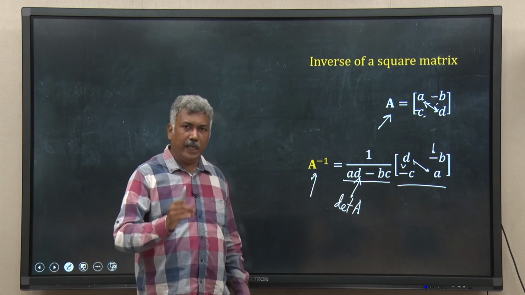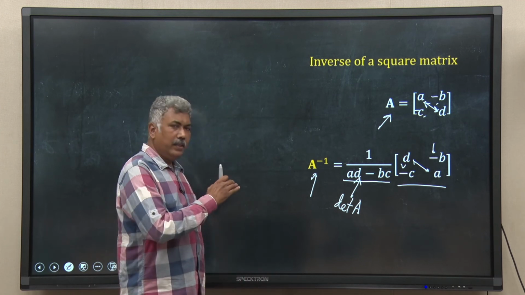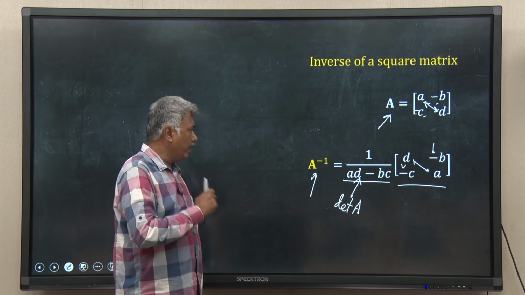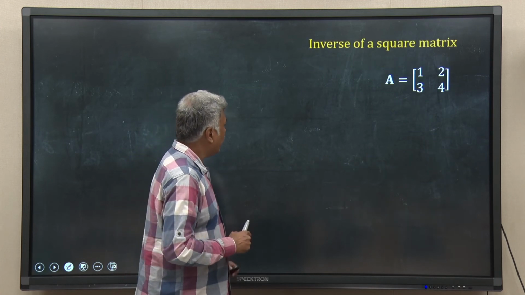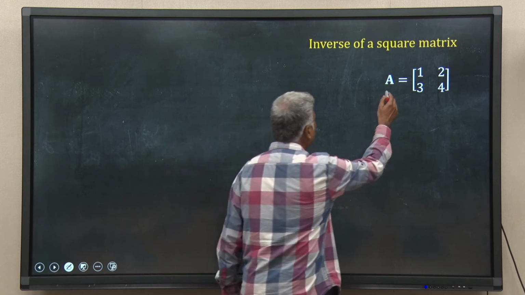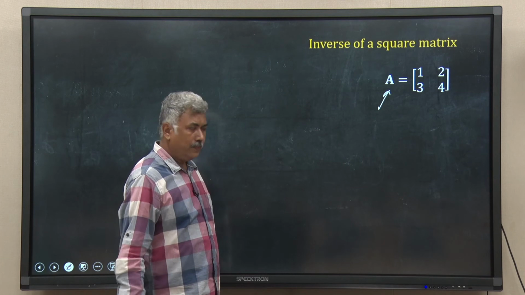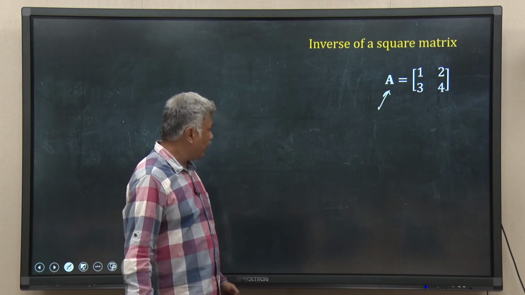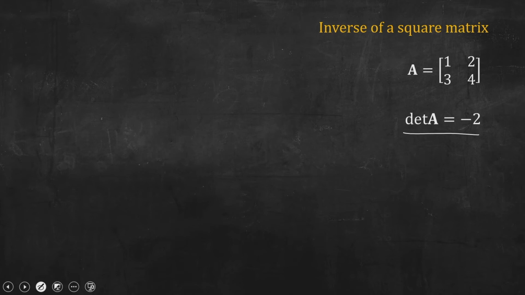Now let us take a concrete numerical example and use this formula to calculate the inverse of a 2 by 2 square matrix. So, here is the example: 1, 2, 3, 4. What will be the inverse of that? First we calculate the determinant, which is minus 2.